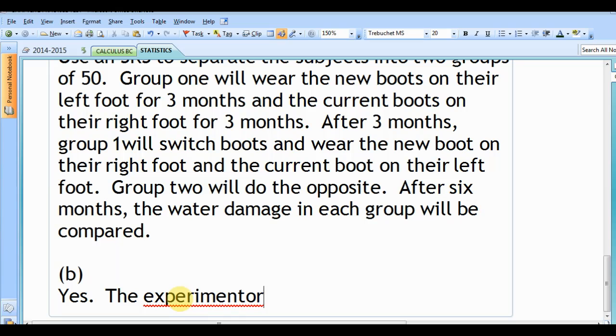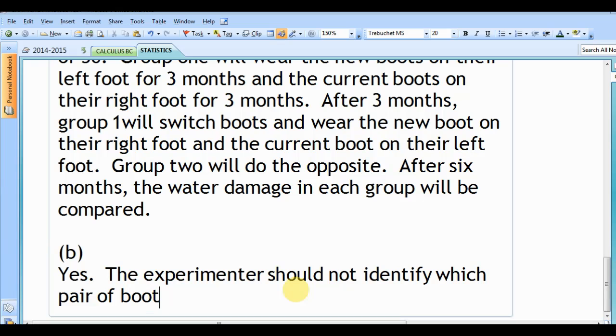You would just hand it to them like it was a regular pair of boots, and then when you receive that pair of boots back, you give them the next pair of boots, which would have the left waterproofing in it rather than the right. So the experimenter would not tell the subject which boots have the new treatment.